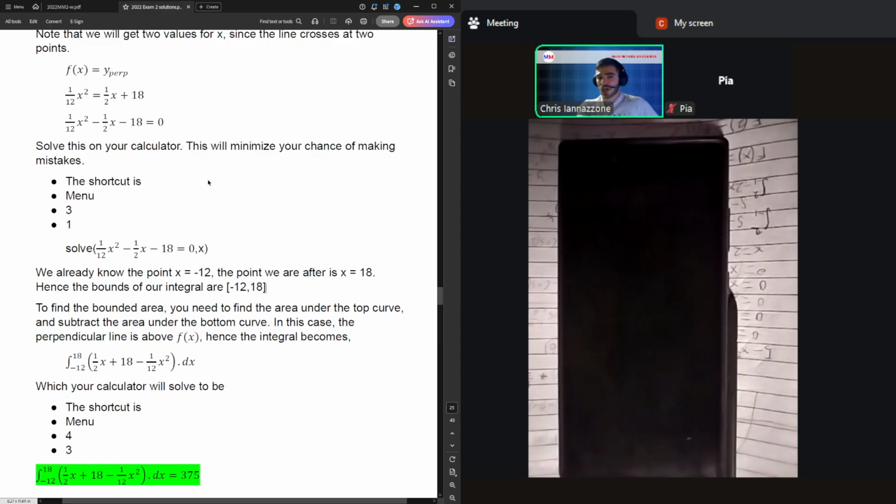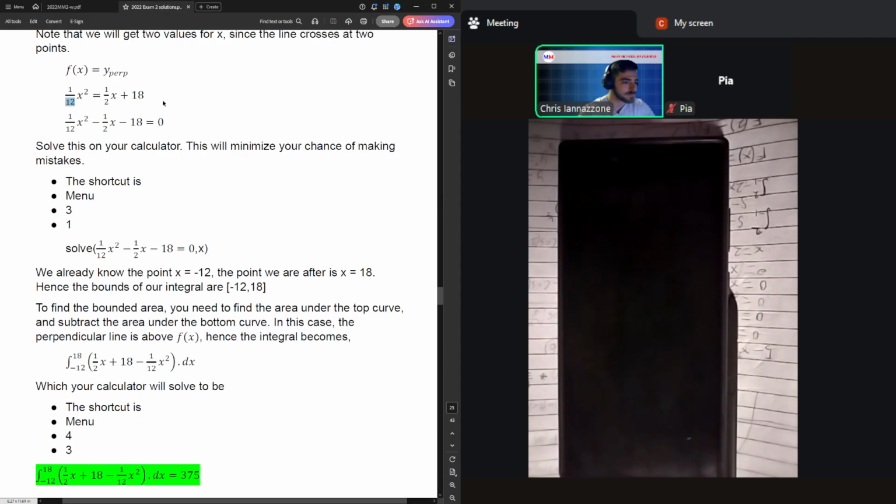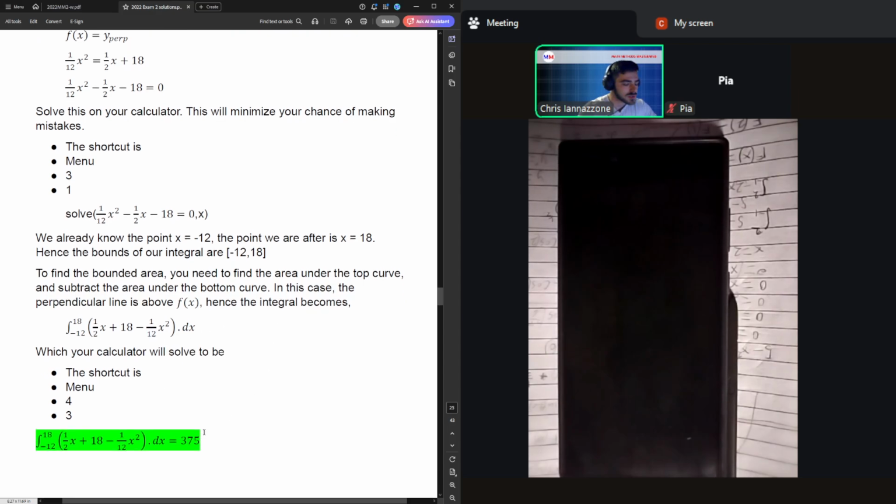So still doing the integral up until that point, but you're doing top take bottom, which is this minus that one. Oh, sorry, other way around, my bad. This minus that one, because the thing that's on top is that straight line. So there's your linear minus the quadratic, integral over that domain, and that's just there for you to run with.